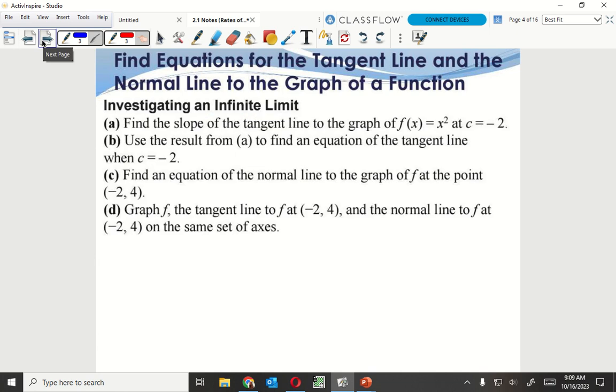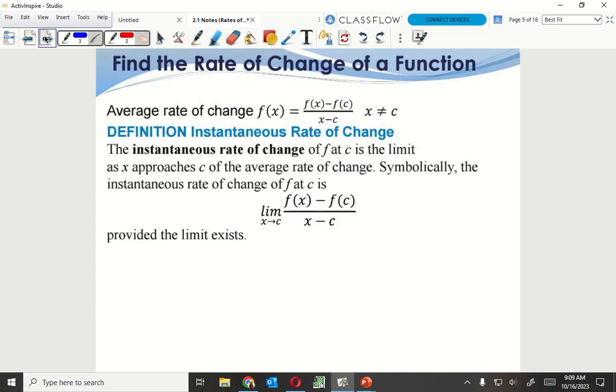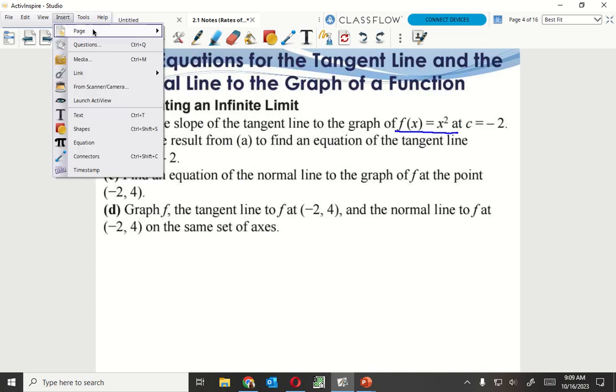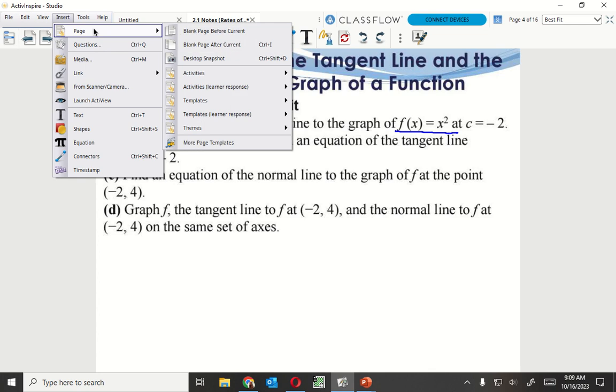Okay, investigating an infinite limit. Find the slope of a tangent line to the graph here at c equals -2. So f of x equals, was it x squared?